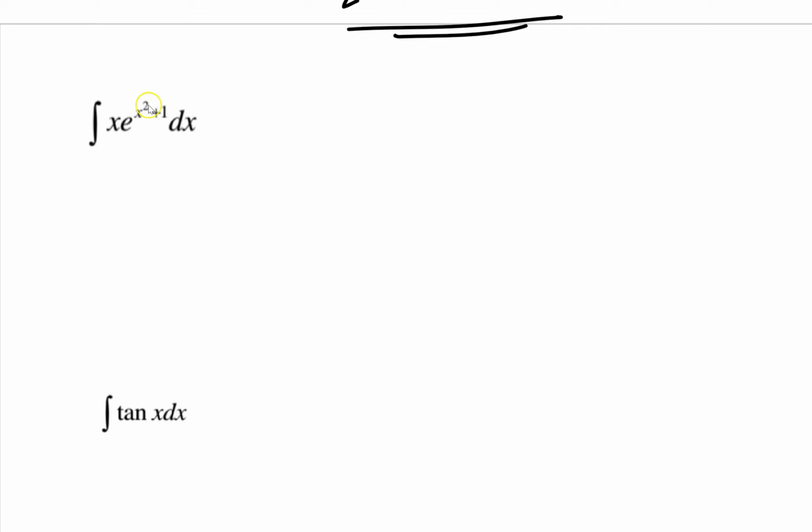So look at this one right here. That inside, that's my u. u equals x squared plus 1. Take the derivative of both sides, so du over dx, the derivative with respect to x, equals 2x. Just some basic mathematics.